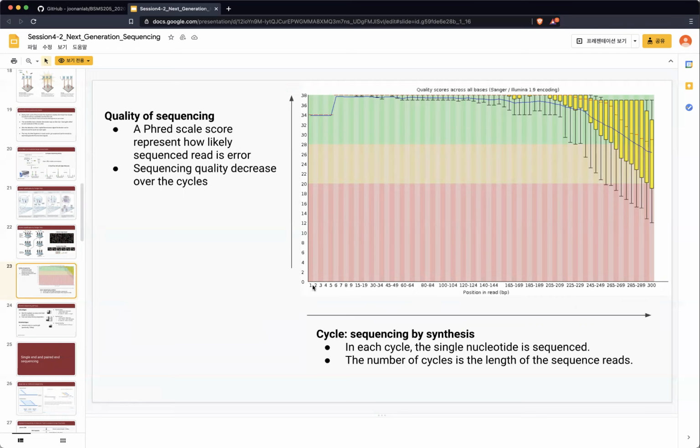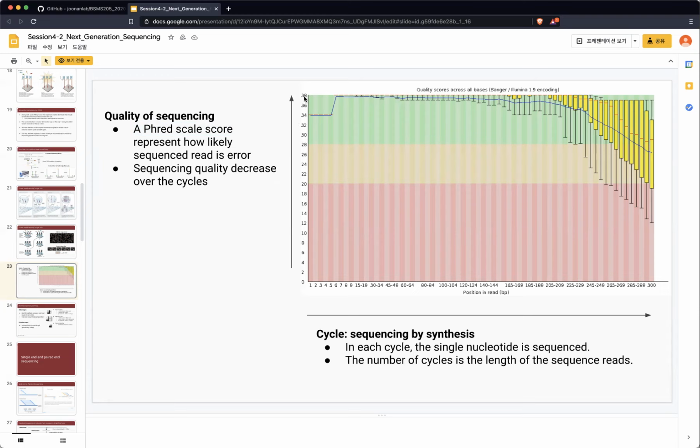If you look at the first, second, third, fourth, fifth, and sixth, this y-axis is the quality scores, right? Your quality scores are quite high. This quality score is called the Phred scale score, which means that this is the minus log 10 value. Let's say this is 38, but let's assume that this is 40.